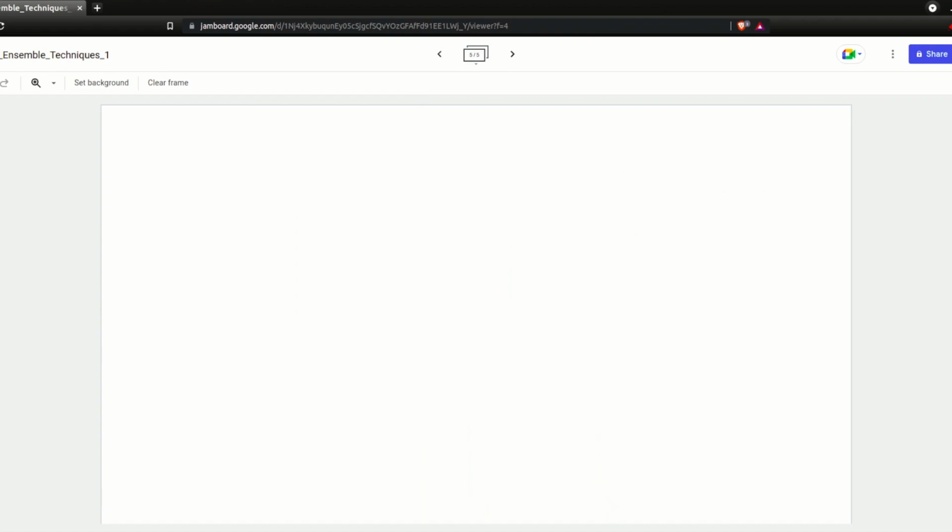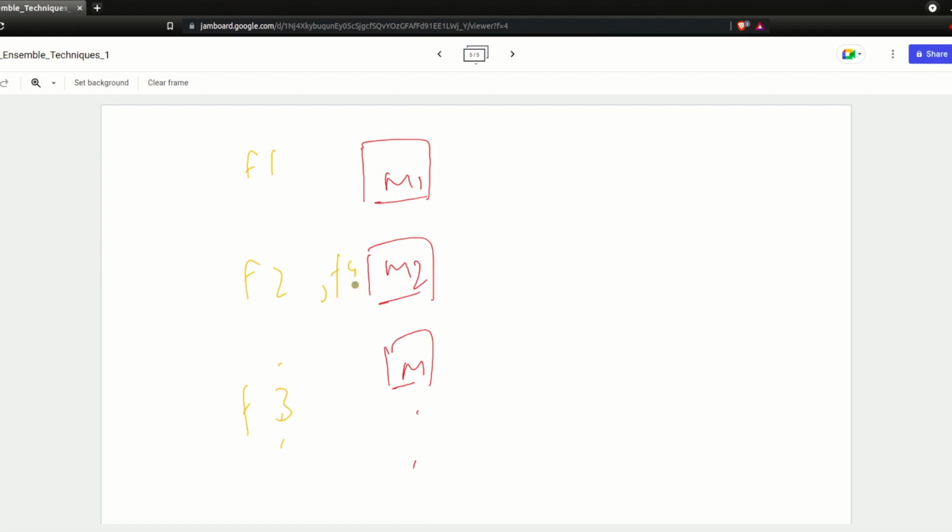So what in practice we do, we take certain models, let's say M1, M2, M3 and so on, and we try to give different features, let's say F1, F2, F3, even some combination of features, and whichever model learns which features well, we'll use them for better performance. So I think you might have understood.